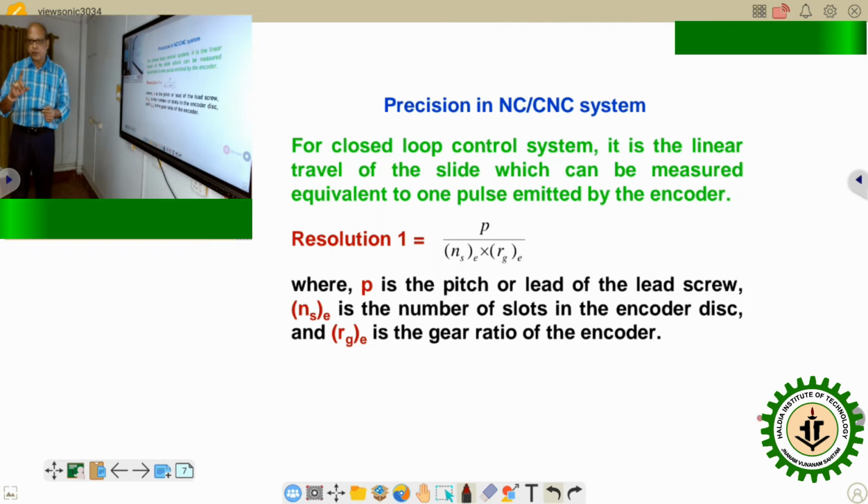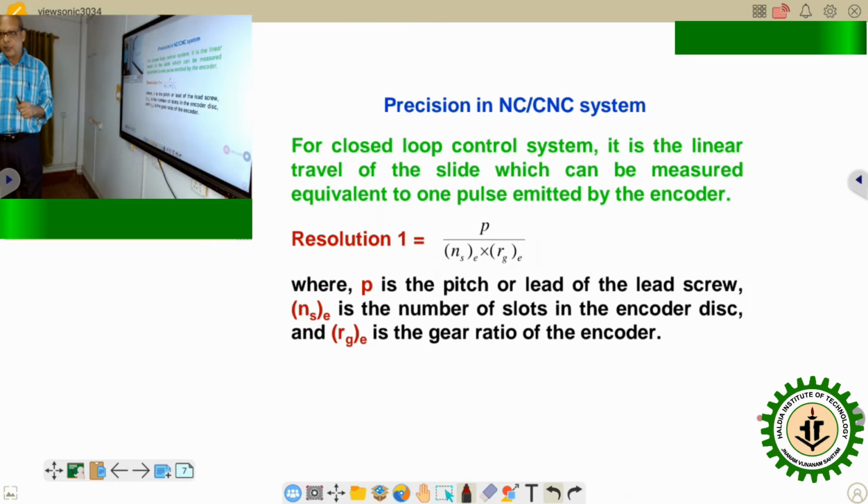So unlike stepper motor, there is no provision of issuing discrete pulses. So it is a continuous voltage. So there is no possibility to calculate what will be the displacement for one pulse. In that case, some additional items are incorporated in comparison to the stepper motor open loop control system. What are those? That is the feedback devices.